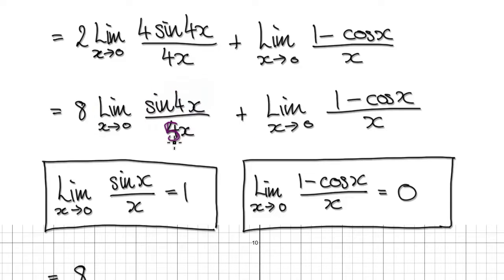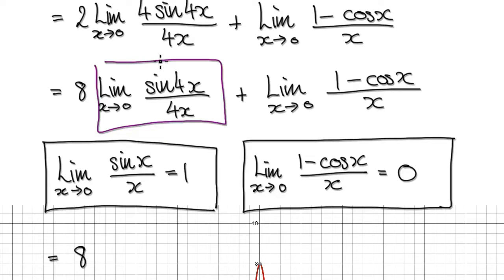You can only conclude that it equals 1 when they're heading towards 0 and on par with each other. So luckily this is 4x. They are both heading towards 0, and they're on par with each other. So we can conclude that this whole block here equals 1.